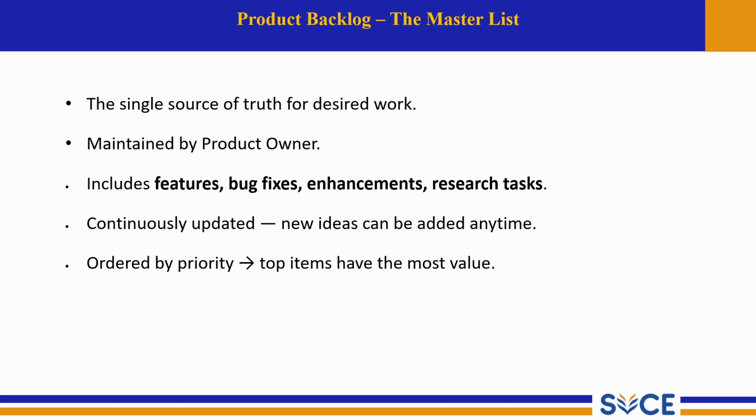It includes features, bug fixes, enhancements, and research tasks. Here, it is continuously updated and new ideas can be added at any time. The product backlog is ordered by priority, and the top items have the most value.